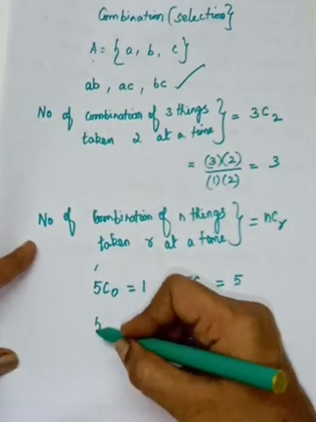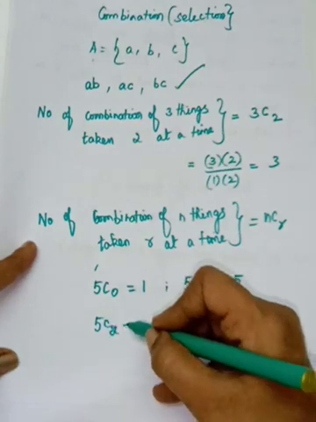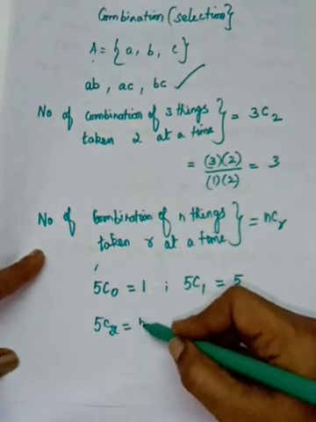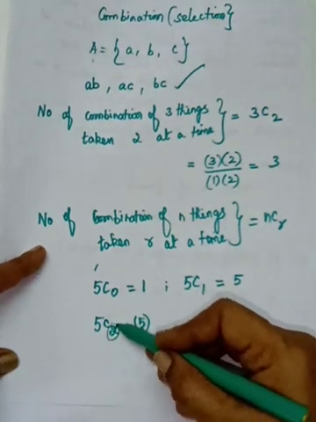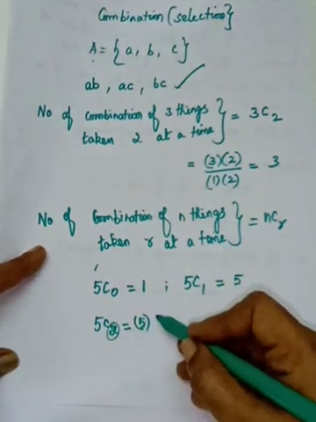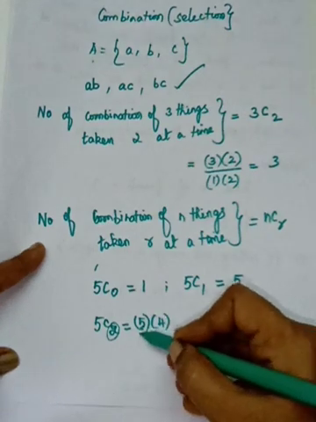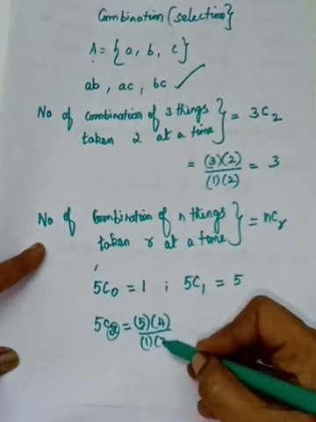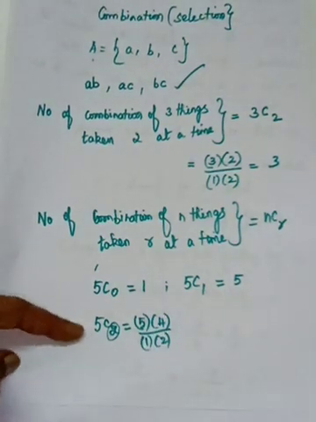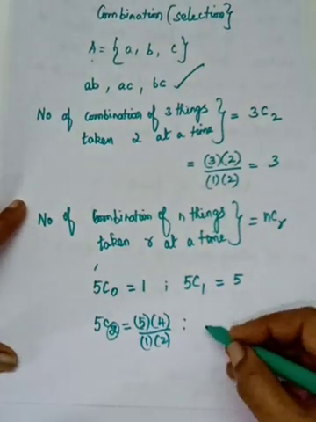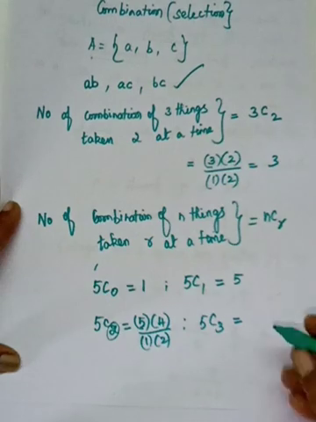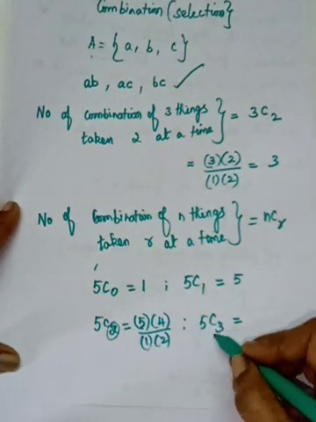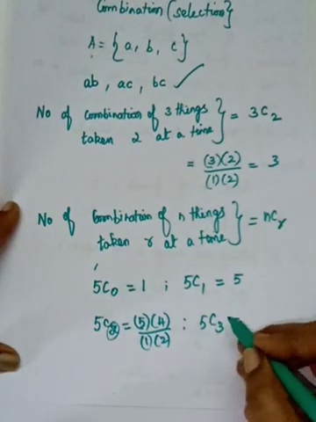So 5C2. How will it be done? Starting from 5, by reducing 1, how many places do you have to fill? 2 places. So 5 into 4 divided by 1 into 2. This is the calculation of 5C2 or nCr like this. Suppose you are having 5C3, how can you calculate 5C3? Starting from 5, how many places do you have to fill up? 3 places.